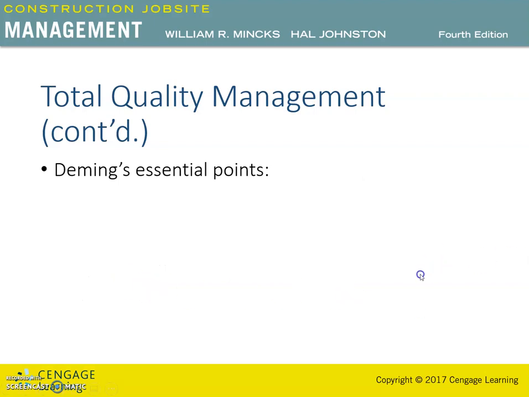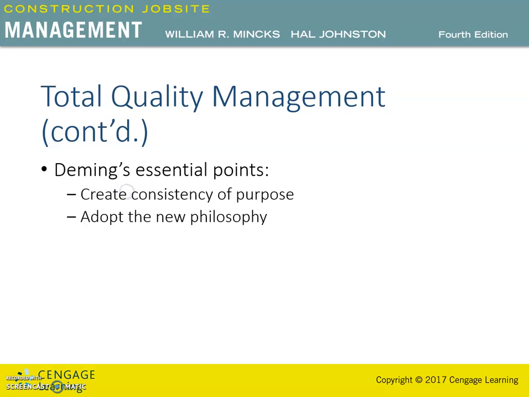Besides, the Deming's essential points a company must integrate into its system to become successful in total quality management are: create consistency of purpose to improve product and service, plan to stay in business; adopt the new philosophy, stop tolerating poor quality; cease dependence on inspection to achieve quality, which means that the process should be improved, not depending on the inspection only.